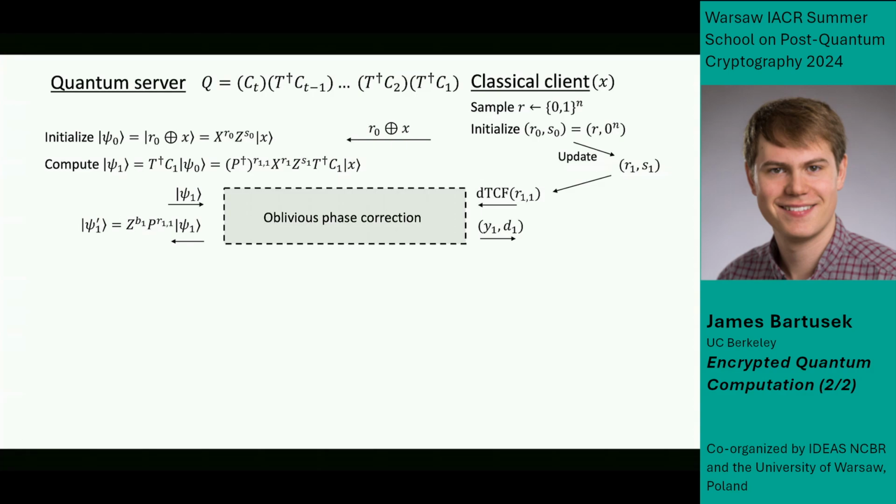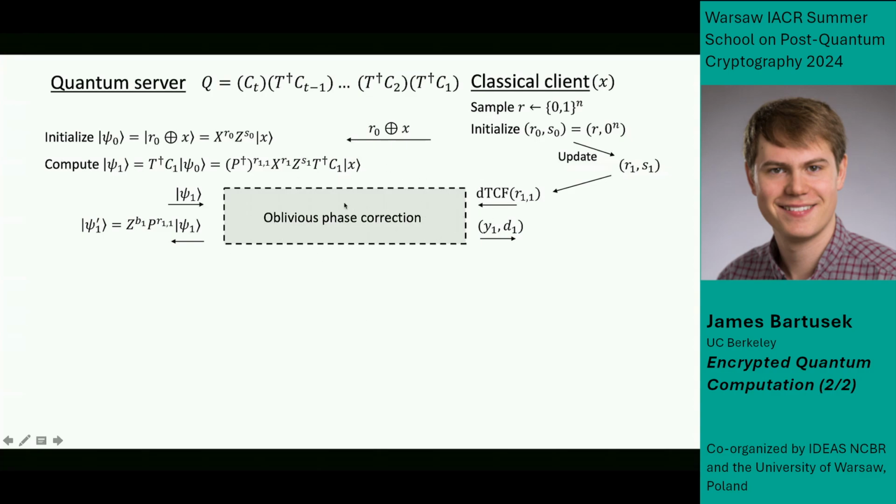And what comes out of this protocol, if you recall the structure of it, is that the server ends up with the controlled phase gate applied to their state psi1, potentially up to some phase flip error. And the classical client receives these measurement results from the server.